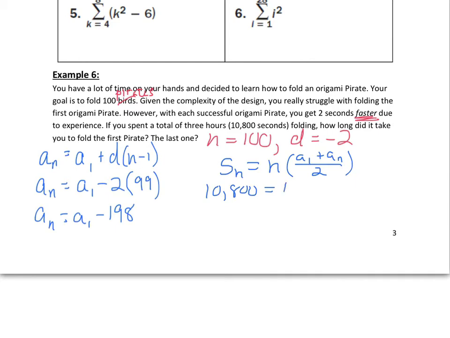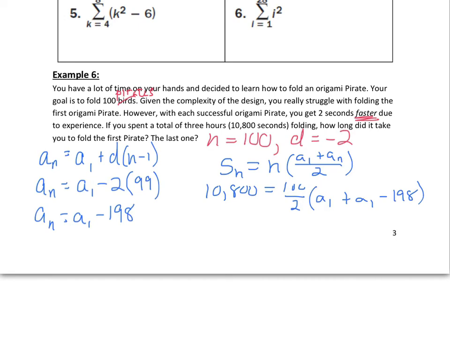That's equal to 100 divided by 2 times a sub 1 plus a sub 1 minus 198. Now check out what I did here. I went ahead and plugged in a sub 1 minus 198 for a sub n. I did a little substitution.